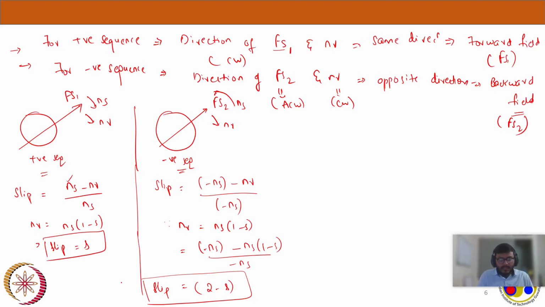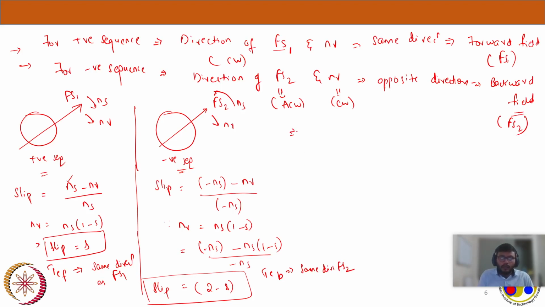And similarly, if we see the torque generated in the forward field, which is this forward field, TEF will be in the same direction as FS1, and the torque generated here, we call it TEB, the backward torque, and it will be in the same direction as FS2.